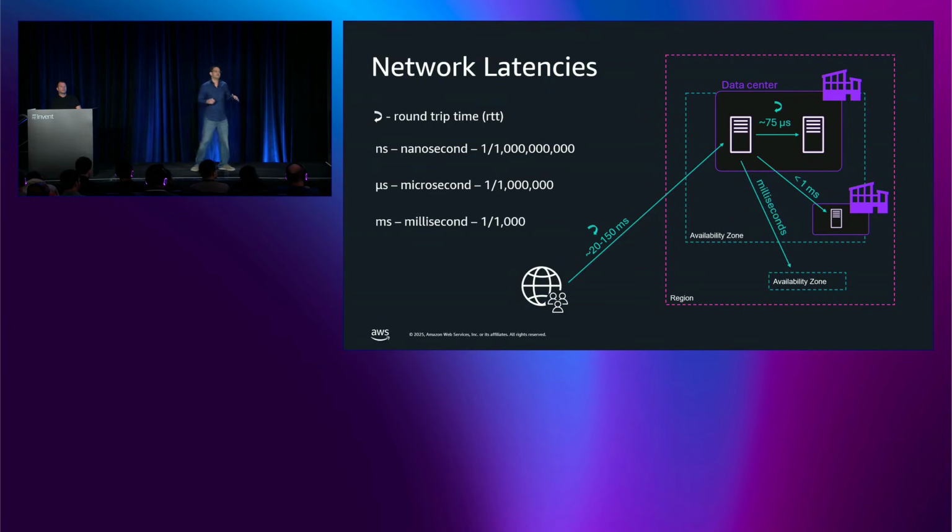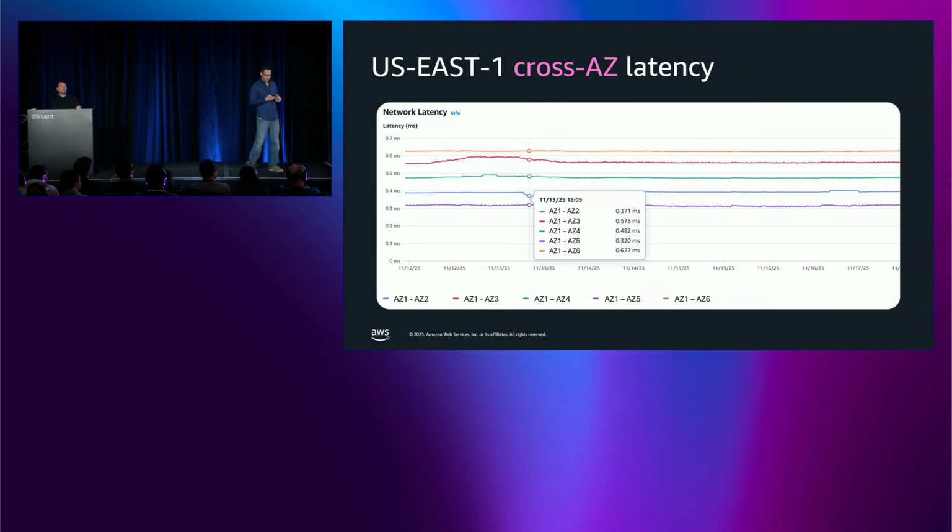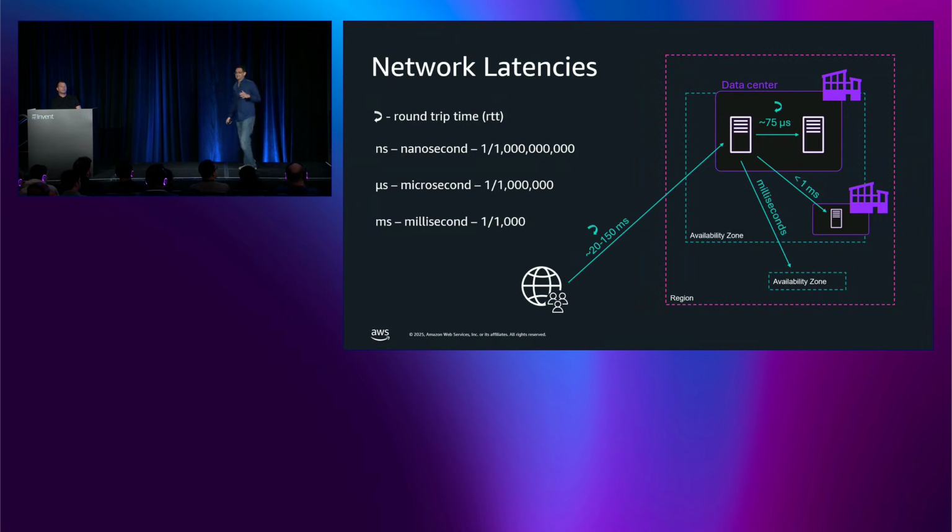And then latency can, in some regions, be milliseconds. Now, the most dominant factor here is distance, right? We have to carry this signal over fiber optics from point A to point B and back, so we're bound by the speed of light. That's the thing. If they're close, it's going to be good latency. If they're farther apart, it's going to be higher.